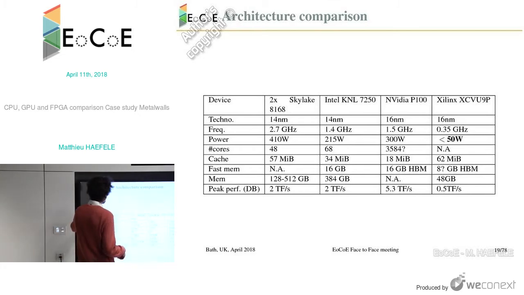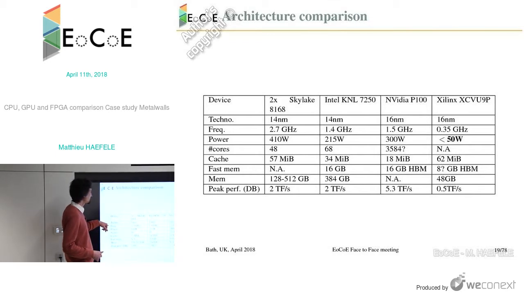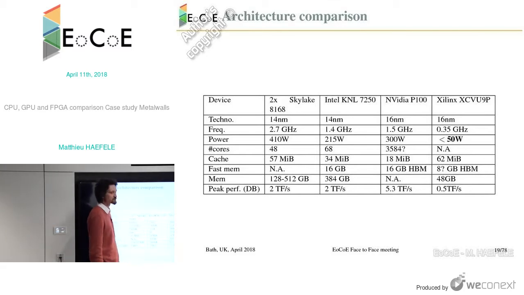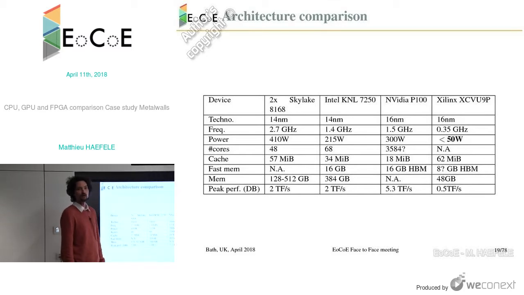They are all at the same kind of silicon technology, running at very different frequencies. As you can see, the FPGA is running at a much lower frequency, and you can see the correlation with the power requirement. FPGA requires much less energy to run.